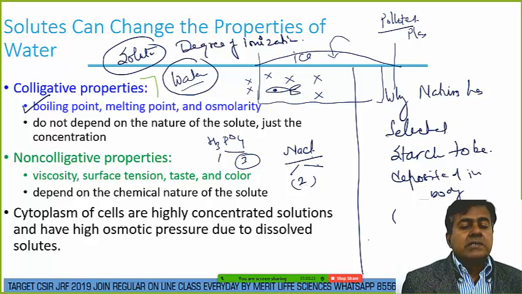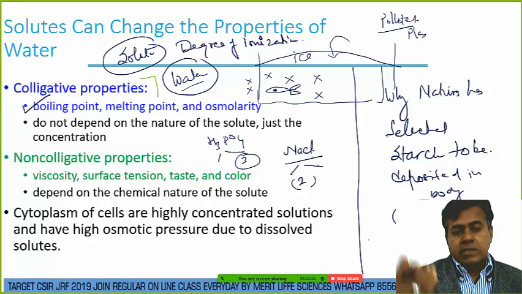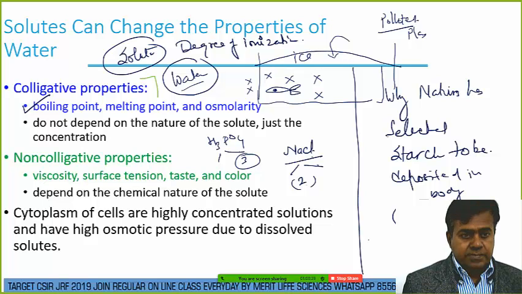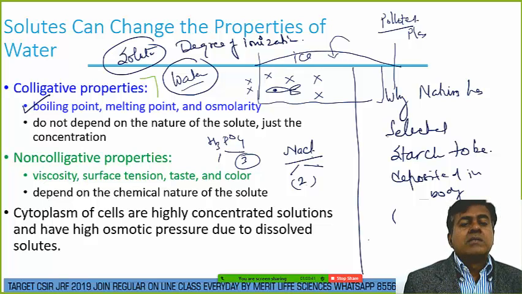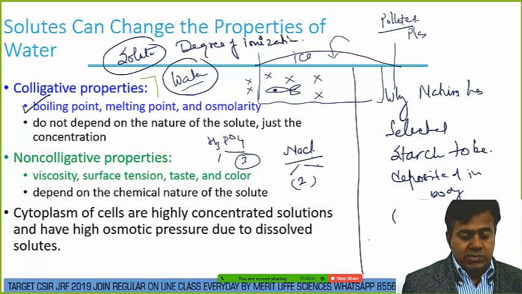So now we will study the chemical behavior, their formula, their equation. And what are the non-colligative properties? Non-colligative property means chemical nature, which cannot be dissolved, cannot be ionized, cannot be predicted, cannot be counted. And that is the chemical nature.